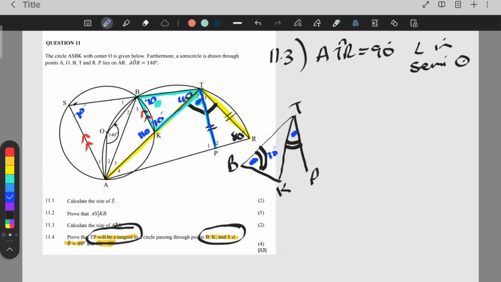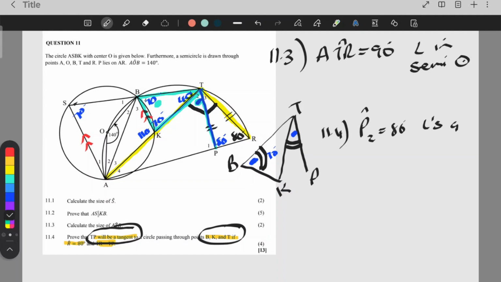So okay, I'm going to start with the information they gave me. They said angle R is 80. So if angle R is 80, angle P2 over here is also 80. Okay, so let's write that down. So angle P2 is also 80.